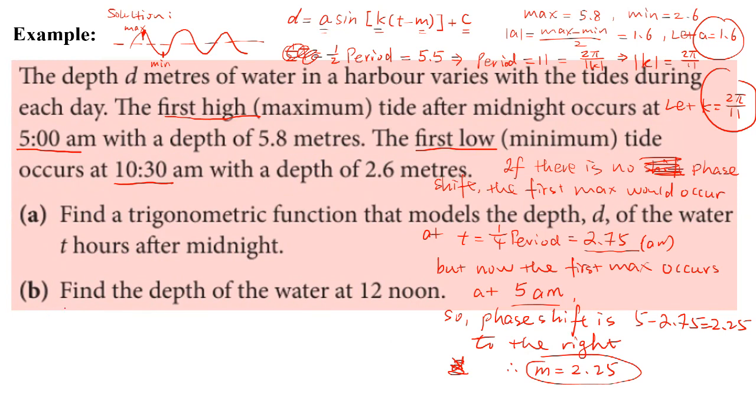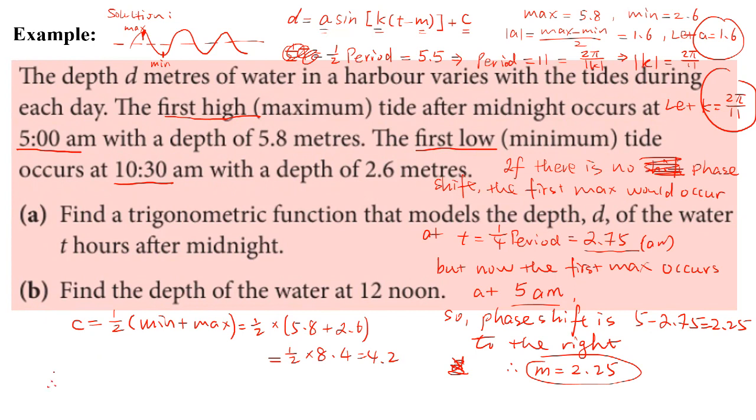Last, let's consider the value of c. The value of c is simply 1/2 of the min plus the max, right? So this is 1/2 of 5.8 plus 2.6, which is 1/2 of 8.4, which is 4.2, right?